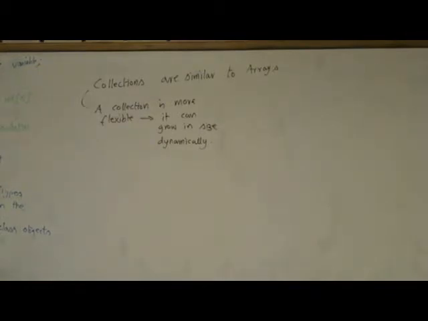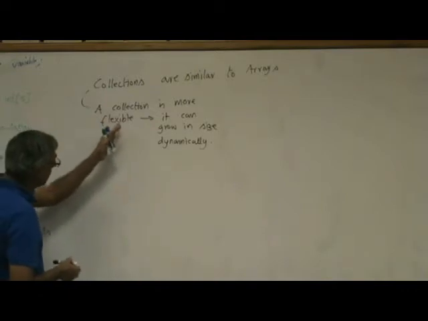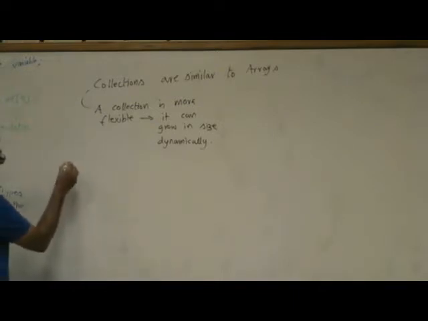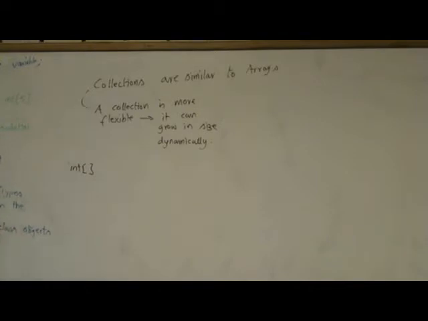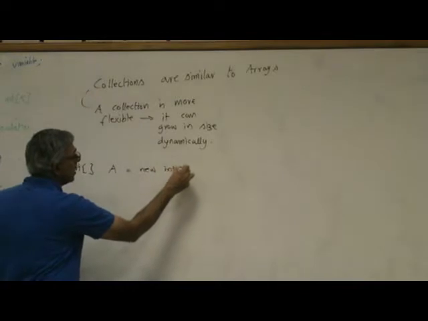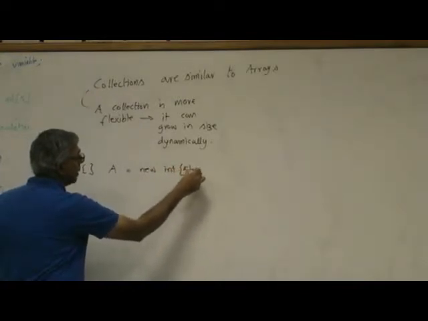To give you an example so that you can see the flexibility, suppose we created an array of 5 integers. What will our code look like? Int followed by empty square brackets means we'll be creating an array, followed by the name of the array, let's say capital A, and we want 5 memory locations, new int of 5.